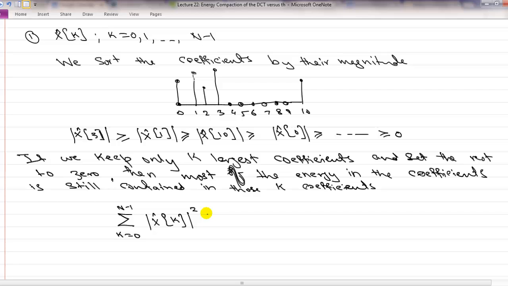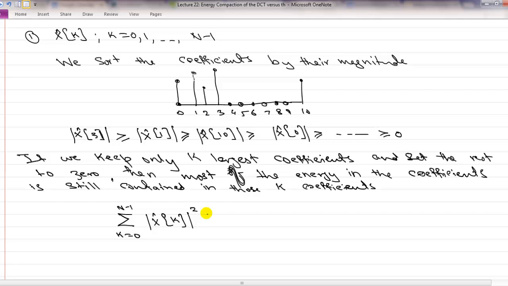Now, a transform has the energy compaction property, or this compressibility, if you can keep only k of your coefficients and set all of the rest to 0. In our case, most of the other ones were already 0, but even if they were not 0, they may be very small. So if you set all of them to 0 except the k largest, then the energy in those k coefficients is enough to capture most of the information in your signal.